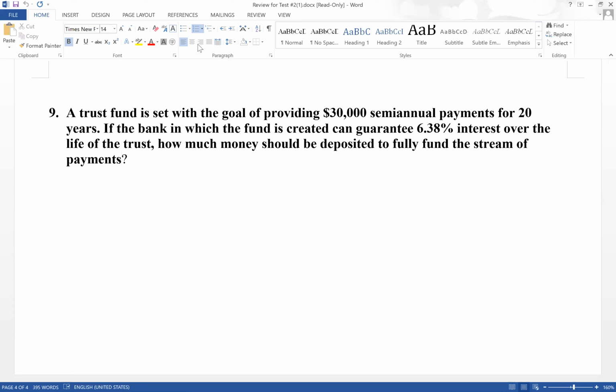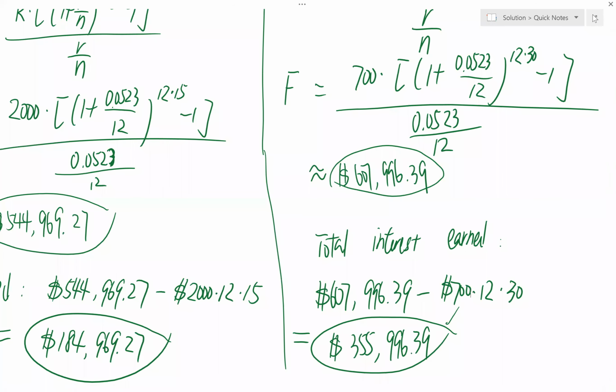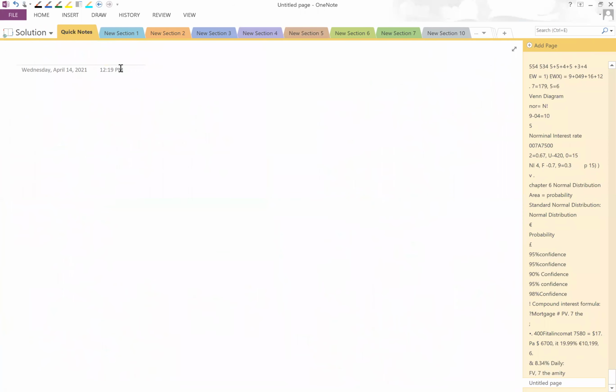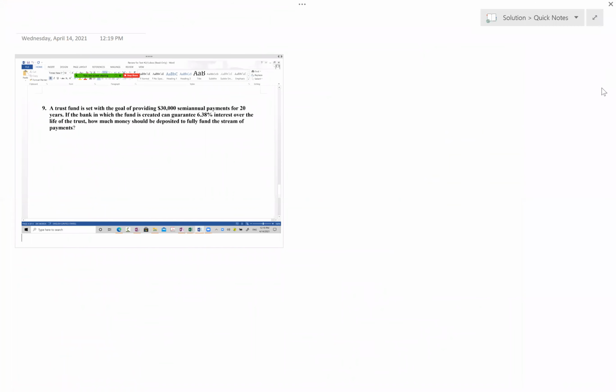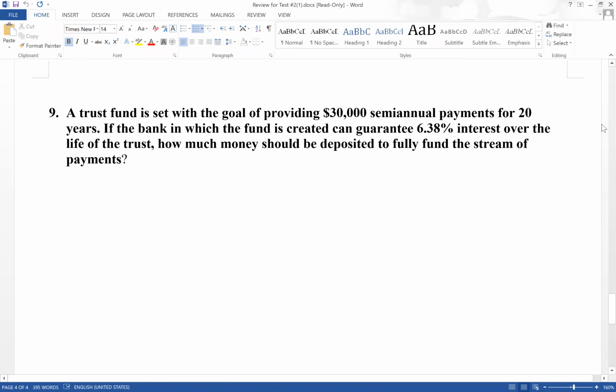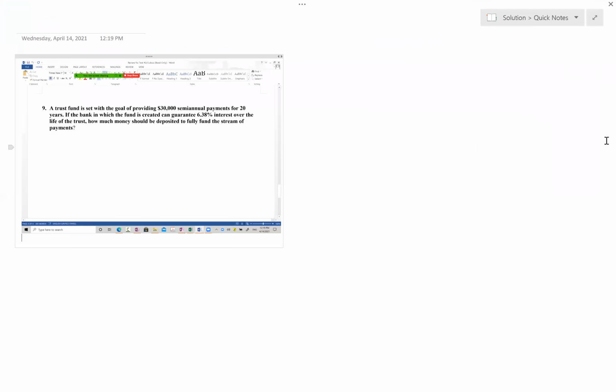First of all, we need to identify what kind of question they are trying to figure out. Here, definitely it's about the present value of the annuity. You have a lump sum payment at a present time, and also regular payments of $30,000 every 6 months for 20 years.